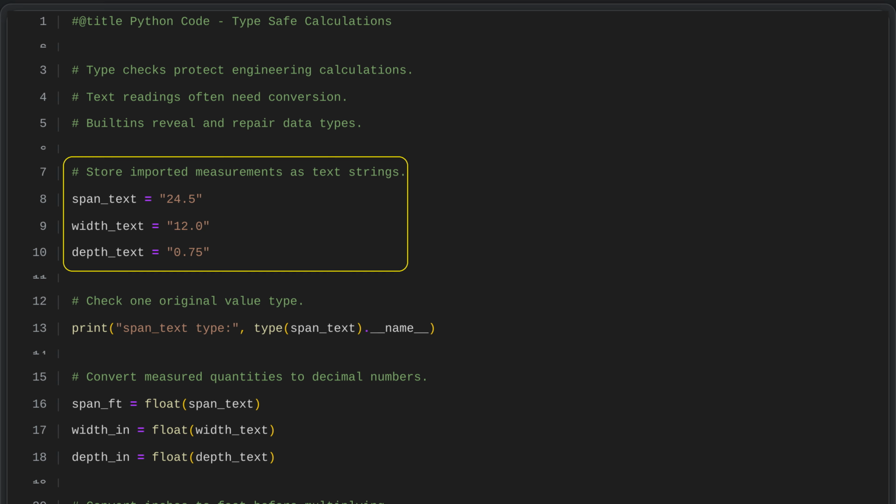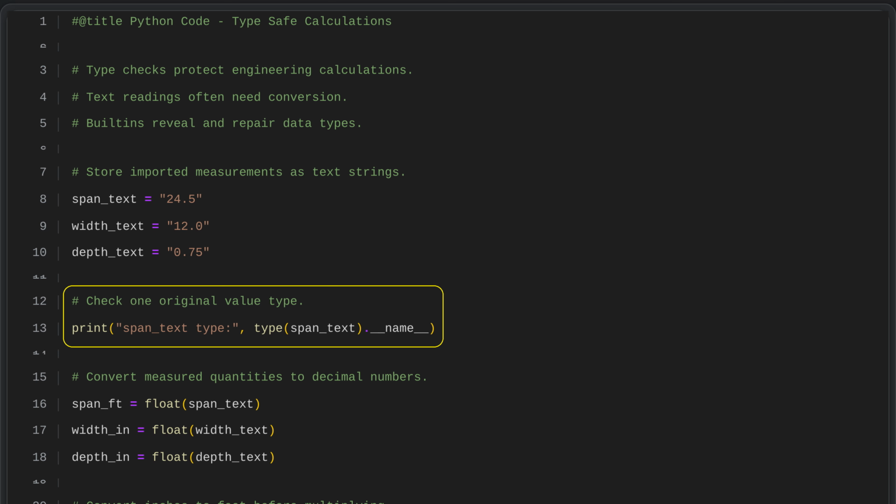Measurements are first stored as text because imported data, such as file contents or user input, often represents numbers this way. The span, width, and depth values begin as strings and can be converted to numbers later for calculations. Keeping them as text at first helps maintain type safety and allows conversion errors to be handled separately.